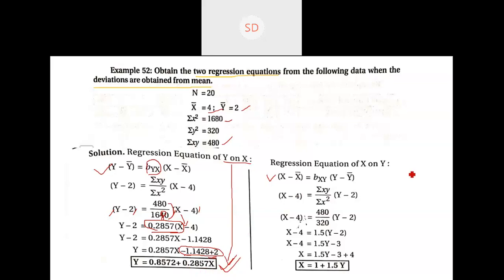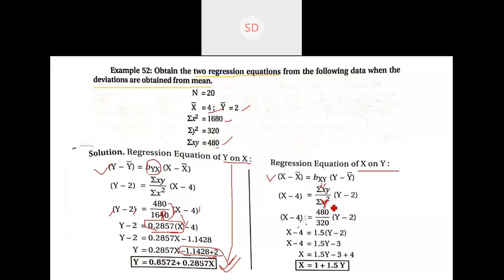Now going on further, for the regression equation of x on y, write down the expression, that is x minus x bar is equal to bxy into y minus y bar. In the place of bxy, we have summation xy by summation y square.